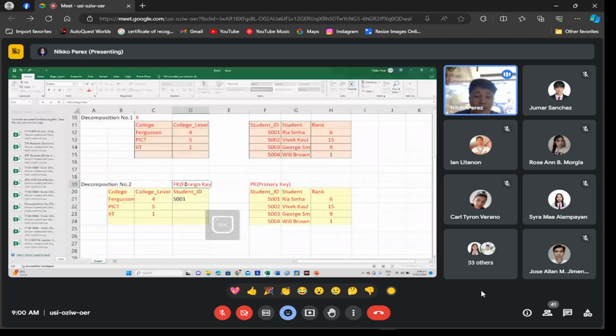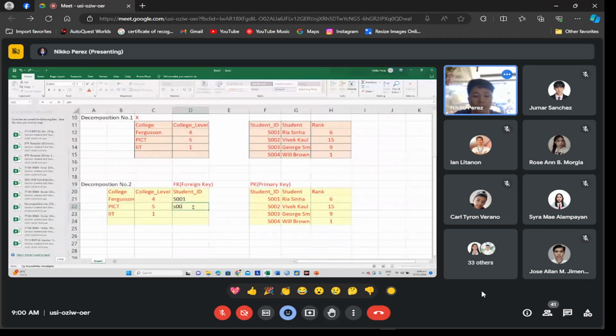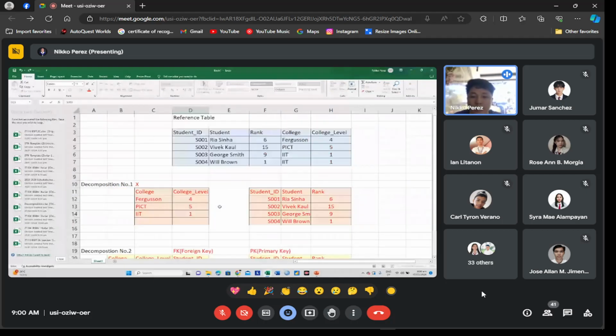So dili na foreign no, from the name it's a foreign, gikan sa lahi nga lugar, lahi nga table, foreign. So hinulman. So this one, atong gi-allocate S001 for Ferguson. So atong balikan ni siya nga record. And sa PICT naman, we have S002. Vivek Kaul. Tapos sa IIT, naatay S003, which is si George Smith.